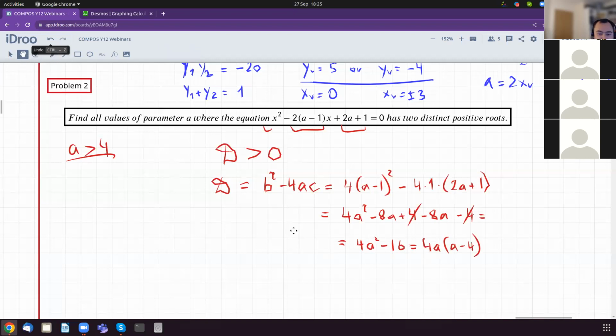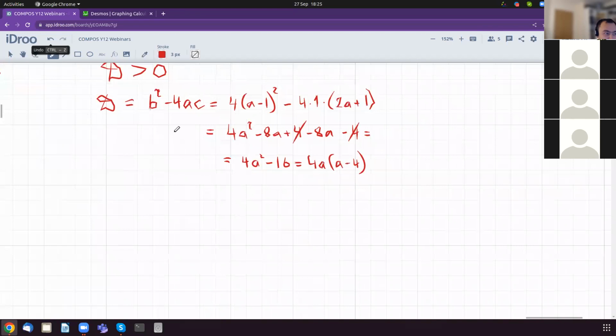So we need to find when this is positive. You might not know how to solve quadratic inequalities, but you can use common sense. This is a product of two numbers, and the product of two numbers has to be positive. So either both of them are positive or both of them are negative.